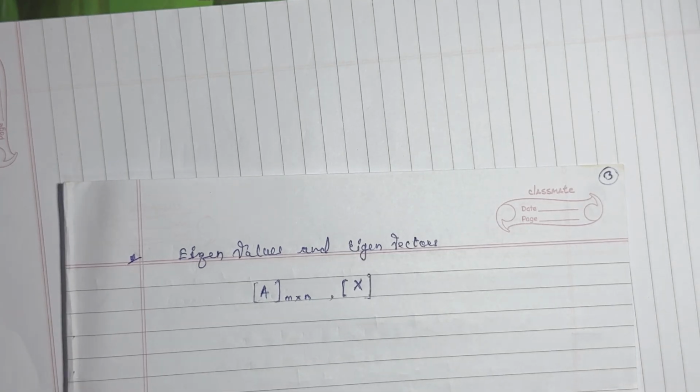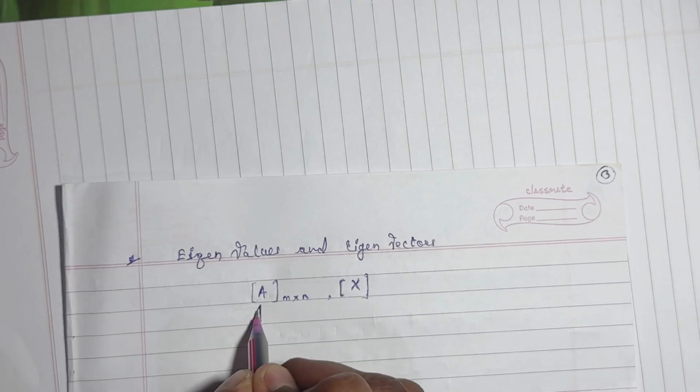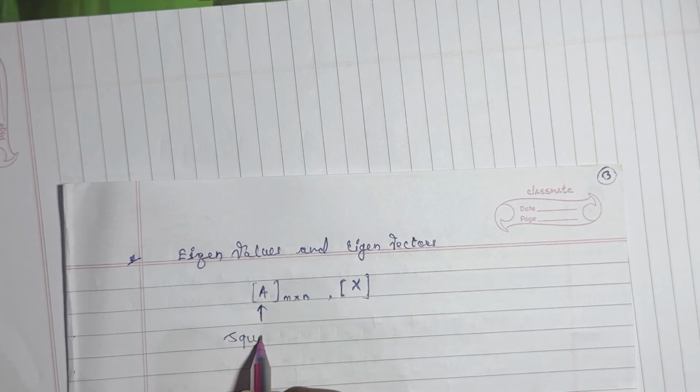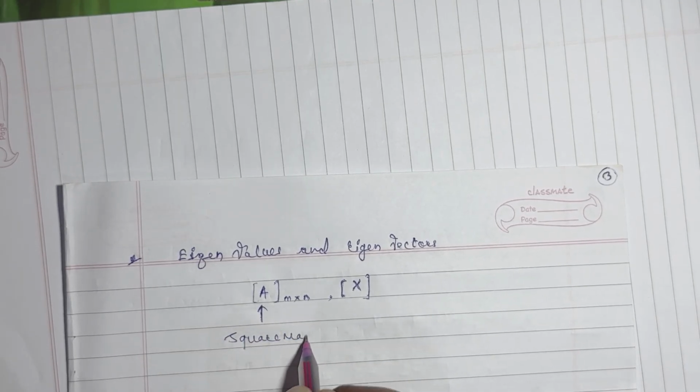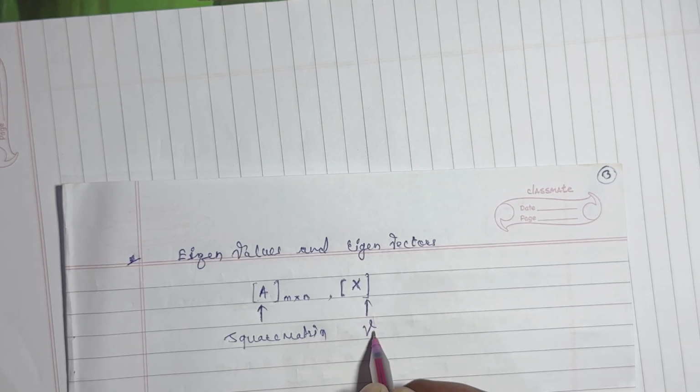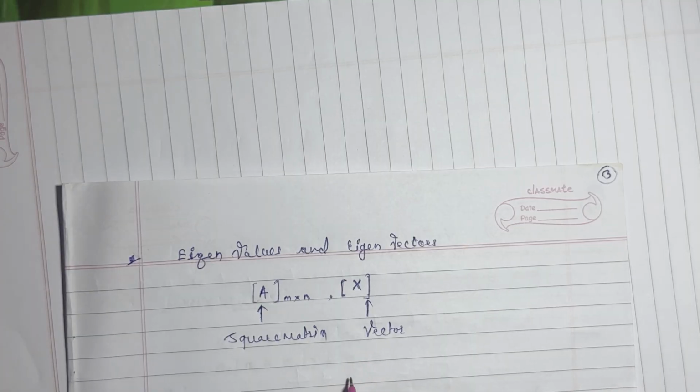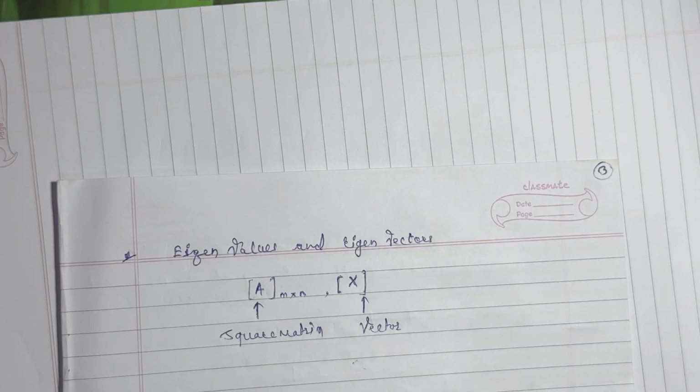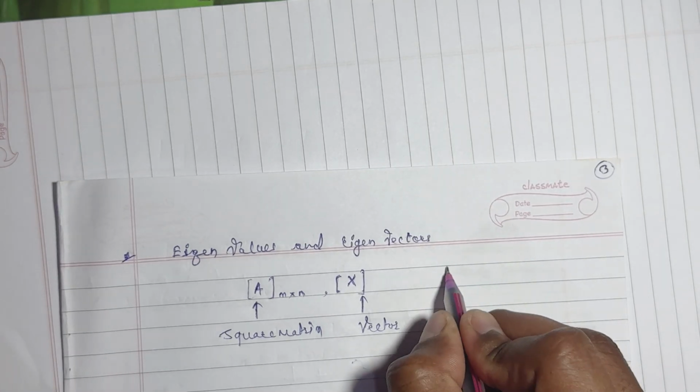This one is the square matrix, and this one is the vector. And consider one more variable, which I consider as lambda.